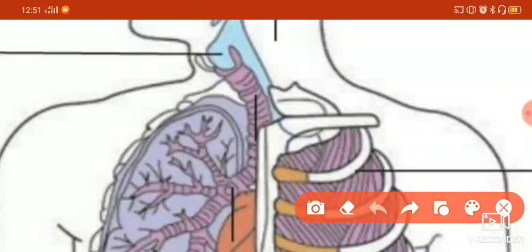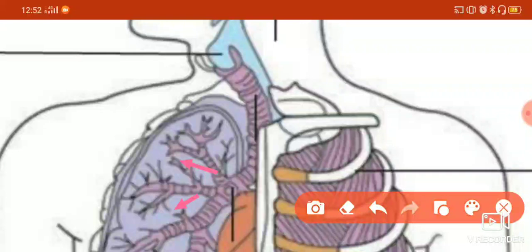When this trachea reaches the middle of the thoracic cavity, then it is divided into two branches called primary bronchi. When it enters into the lungs, it is divided into further branches, secondary bronchi.